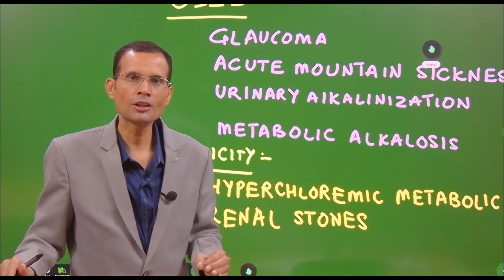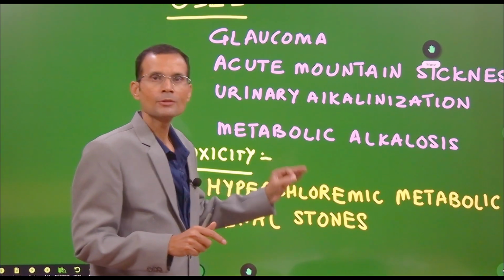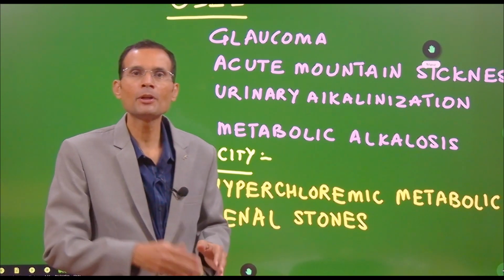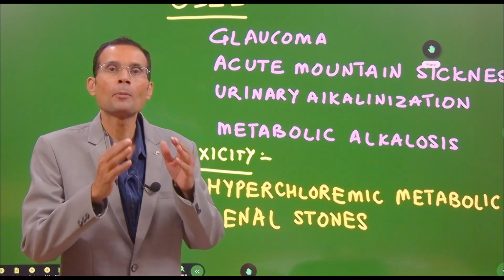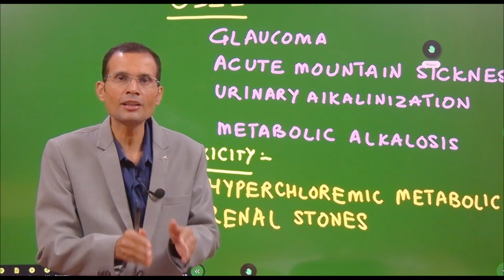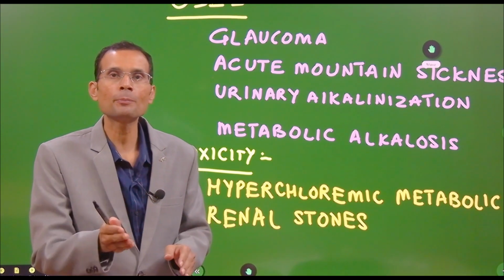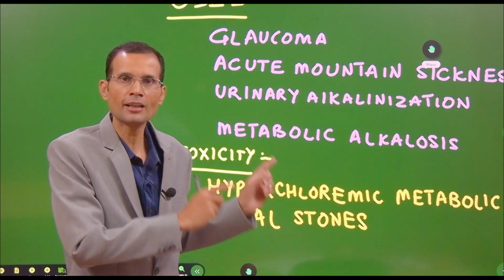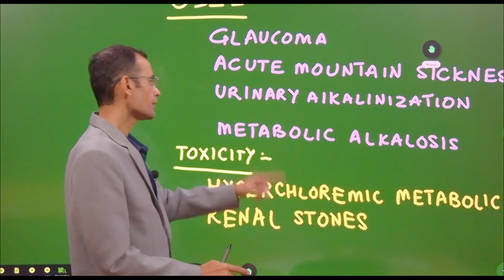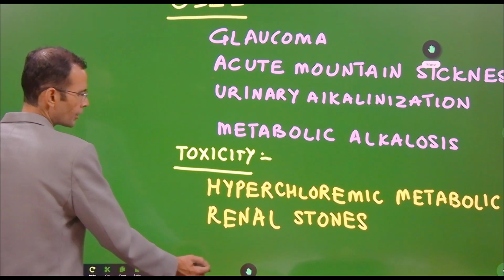So even here, excess alkalis will be lost into the urine because bicarbonate, which is an alkali, its reabsorption will be blocked by acetazolamide. So that is where it will be helpful.